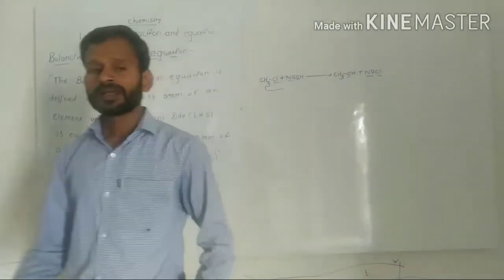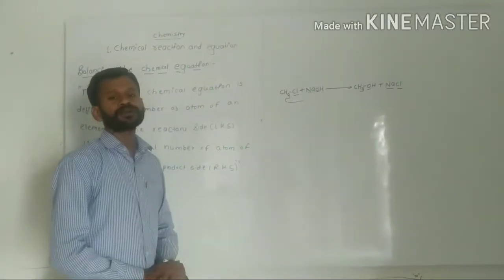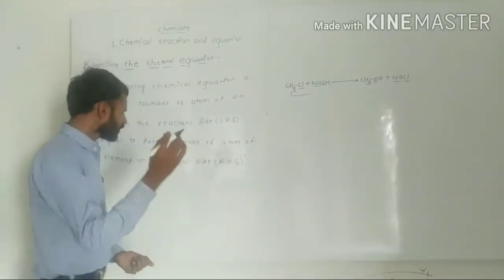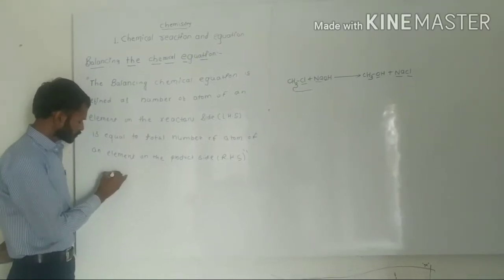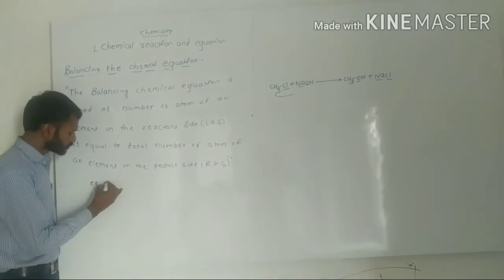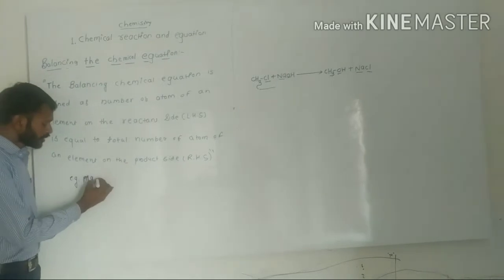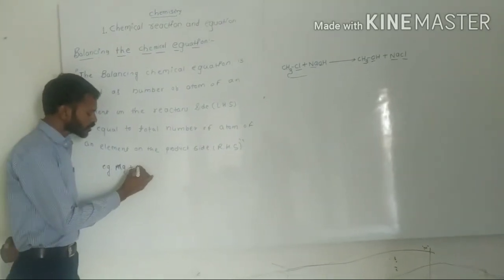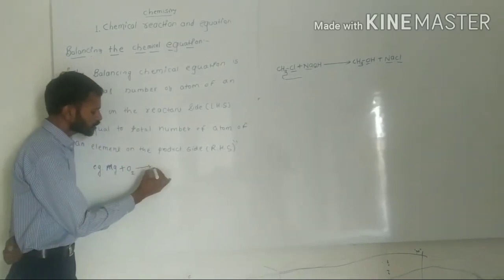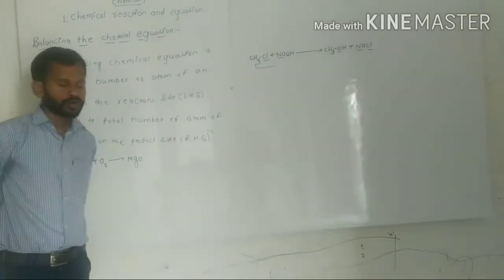But in some chemical equations, the reactant is not equal to the product, then it is an unbalanced chemical equation. Like in this example, when magnesium metal is treated with oxygen or air, or undergoes oxidation, it forms magnesium oxide, MgO.